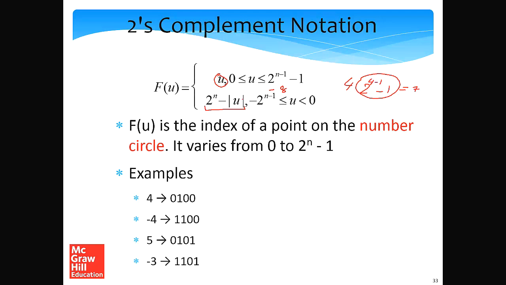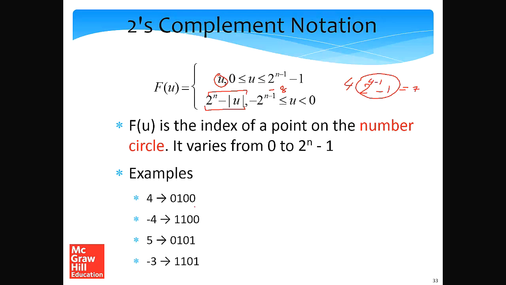This is like walking the absolute value of u steps anticlockwise from 0, or moving that many steps clockwise. So f(u) in this case is the index of a point on the number circle, and this will vary from 0 to 2 to the power n minus 1.